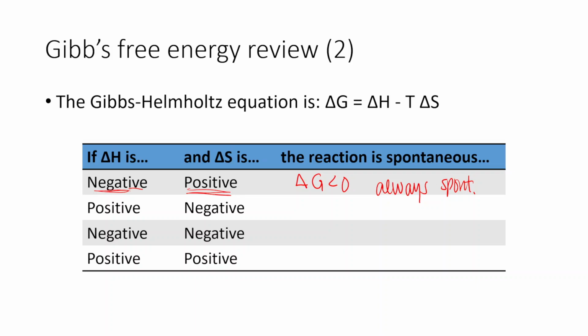Delta G is going to be always positive, right? Unless I'm doing the math wrong. So if delta G is always positive, what does that tell us about our reaction? It's never spontaneous. Excellent.